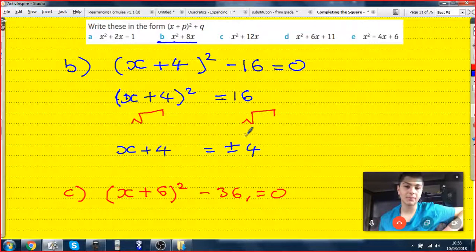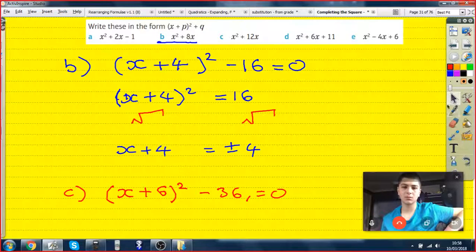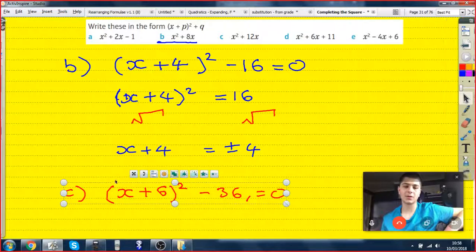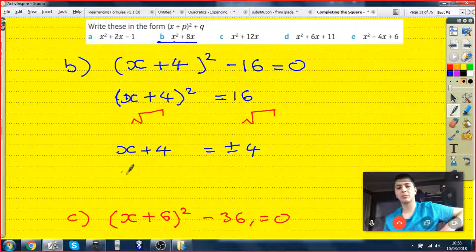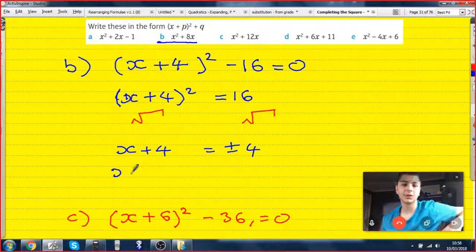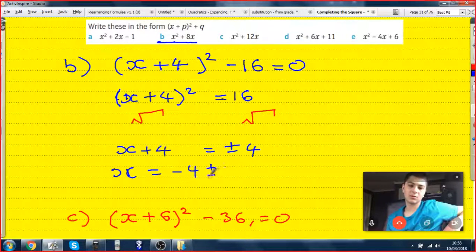And then do I have to do the bottom one now? Now get x equals. Oh, right, sorry. So we take the plus 4 to the other side. So x equals minus 4 plus or minus 4.